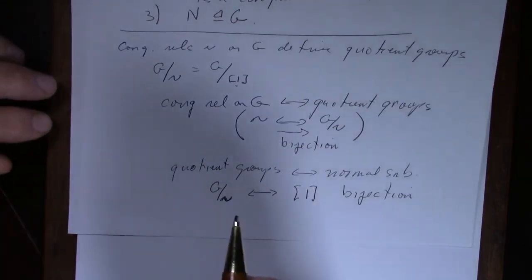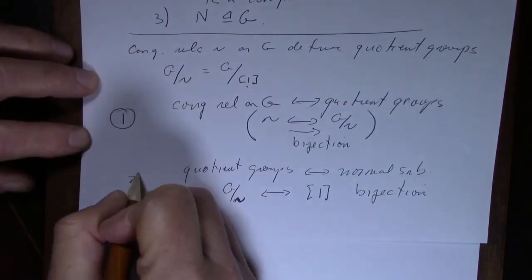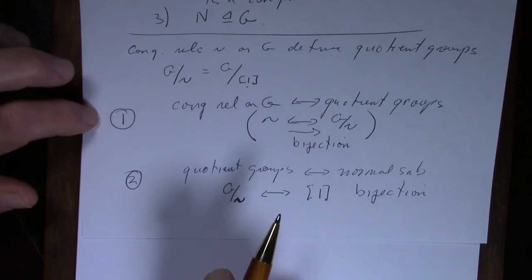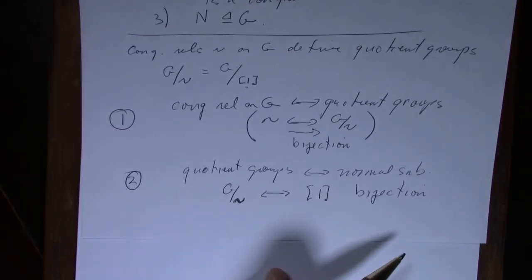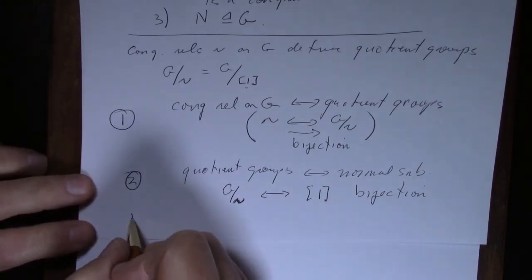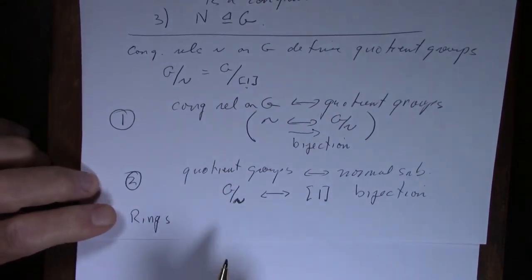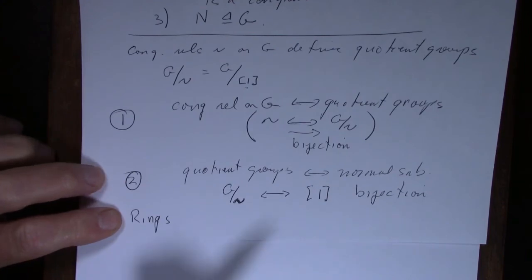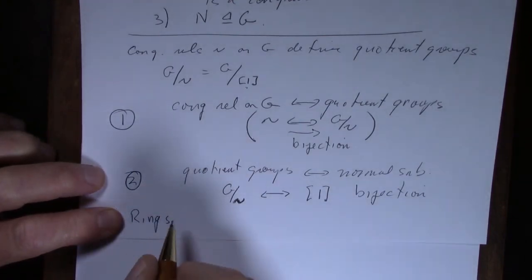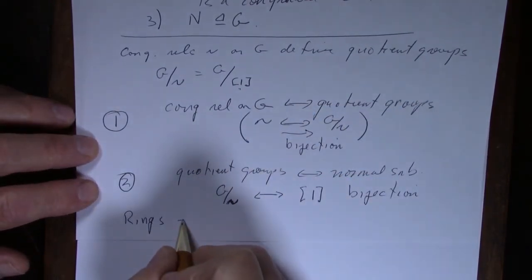Okay. Well, let me mark these, this one here 1 and this one here 2. The bijection 1 works for other algebraic systems. For example, for rings, we can define congruence relations on a ring as equivalence relations that are preserved by the ring operations, and we will get quotient rings.